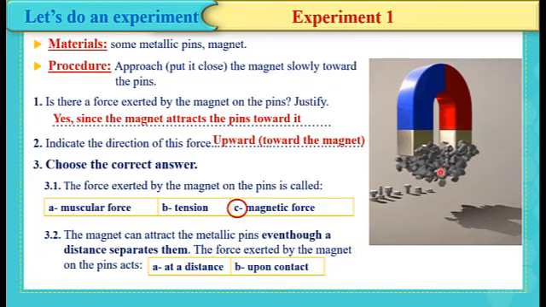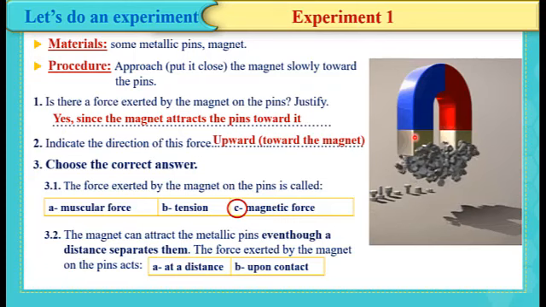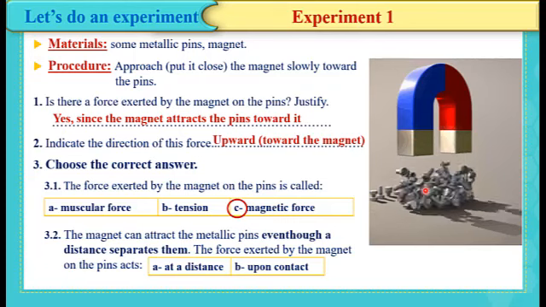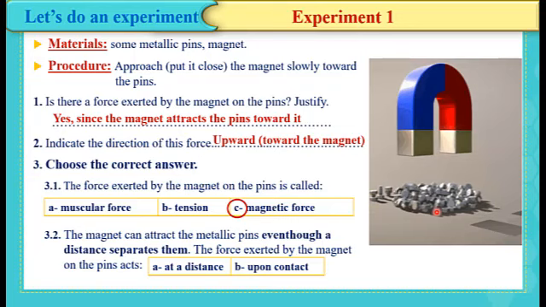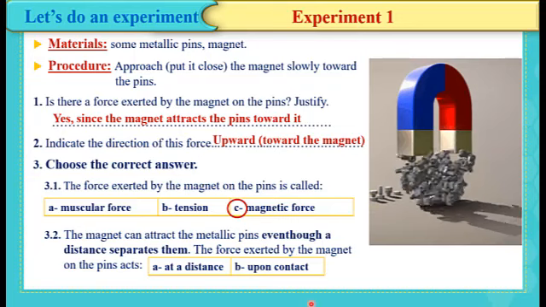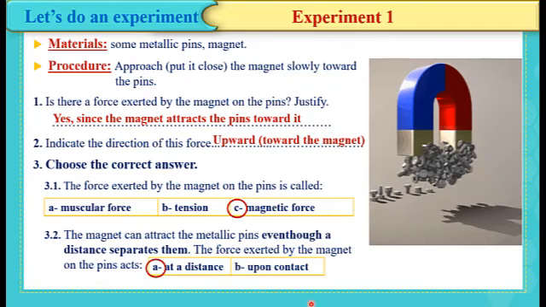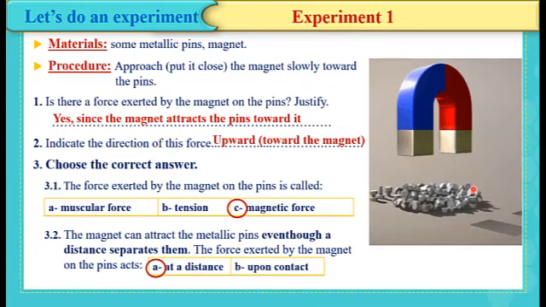And as we see here, we have a distance between the pins and the magnet. So, which one is correct? Of course, at a distance. This force, which is the magnetic one, acts at a distance.